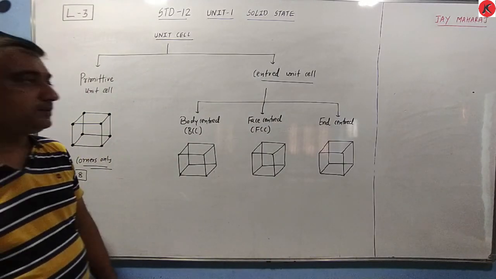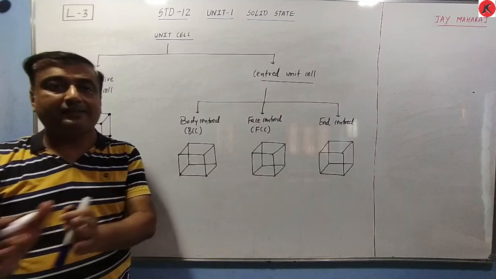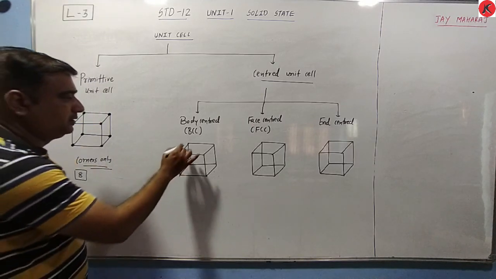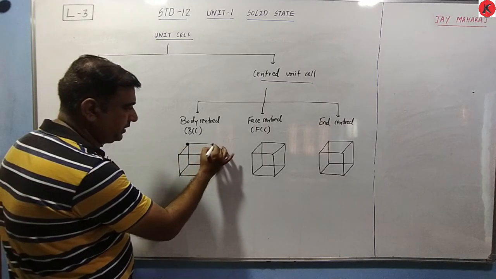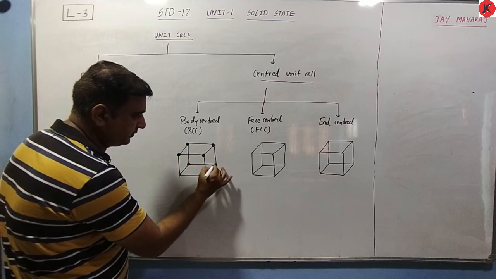Centered unit cell means constituent particles are present at corners plus at an additional site. First, we put constituent particles at corners.